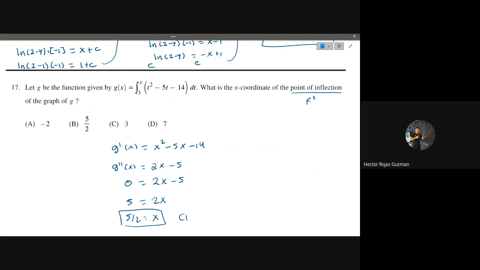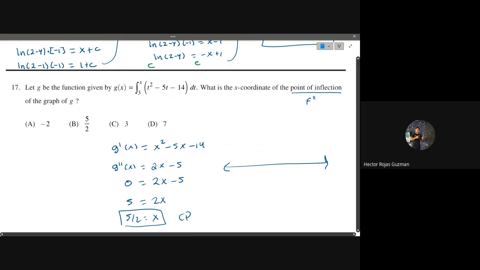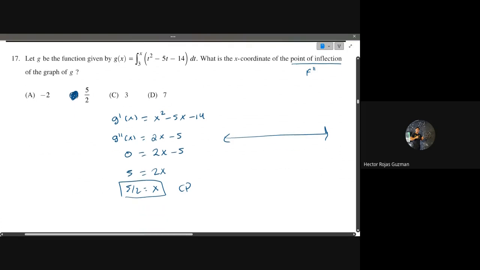There's your critical point. Normally, I would go and test it with a number line. But because this is a multiple choice question and they're telling me what's the x-coordinate of the point of inflection, and I already see it, that's my answer. Unless we had another option that said none or it doesn't exist, then I would have to go and plug it into my number line. But it already came up.